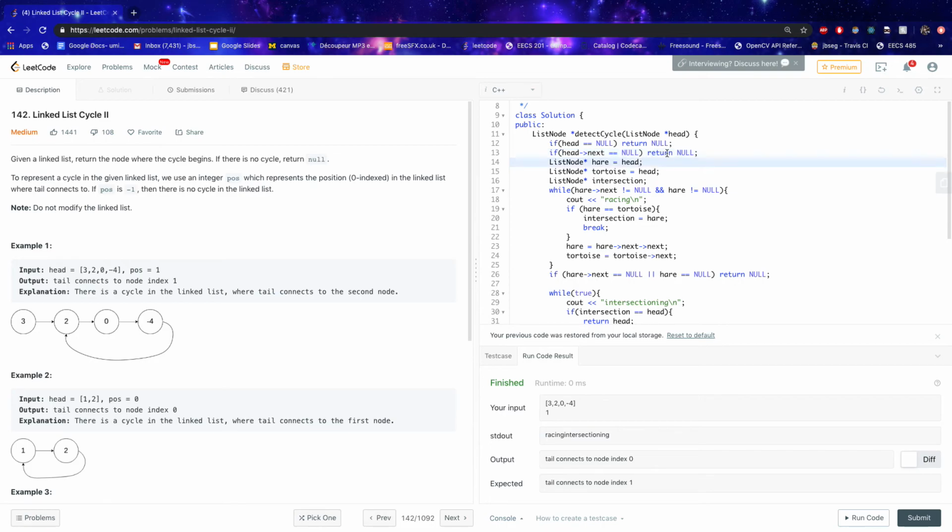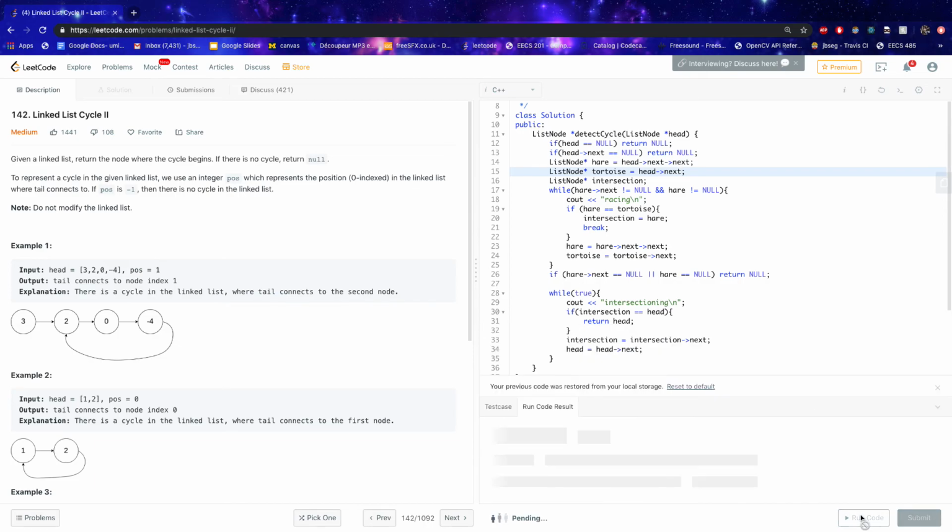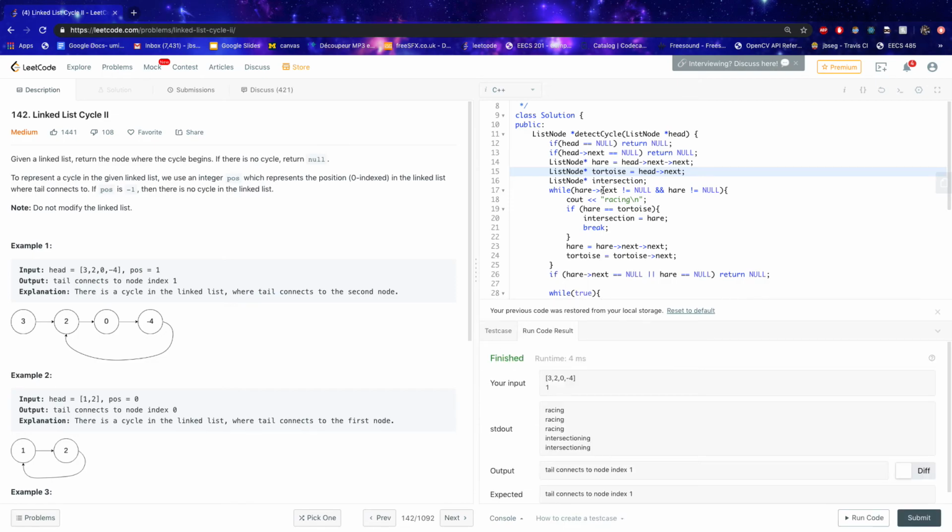Now I have the freedom to do here gets next and tortoise gets next. This is kind of like their starting position. Okay, let's see if that works better, because before they were starting off at the same place. Okay, good. Yeah, that worked.